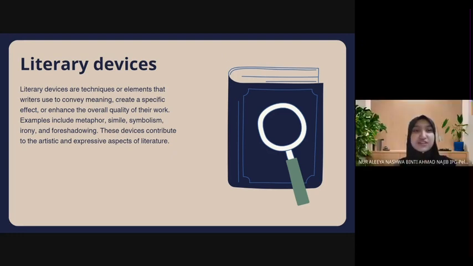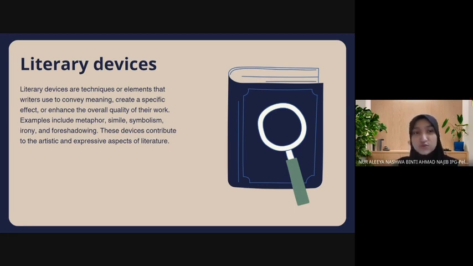As for me, I think literary devices play a role in establishing the tone of a literary work. Tone here refers to the author's attitude or emotional stance towards the subject matter, characters, or audience. For example, irony, sarcasm, humor. We can recognize the tone by the author's word choice, the use of language, and the choice of adjectives and adverbs.